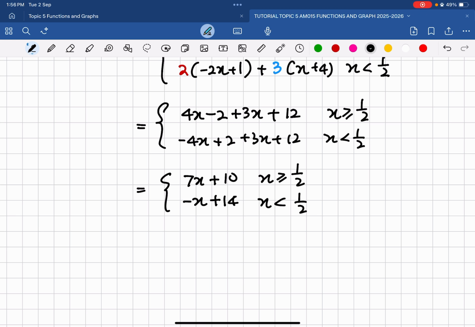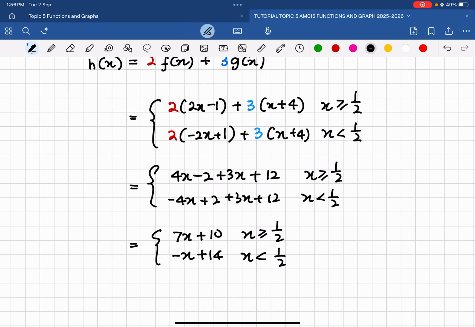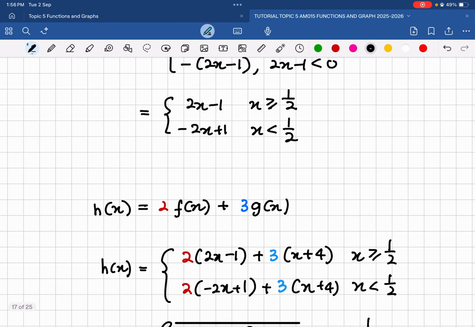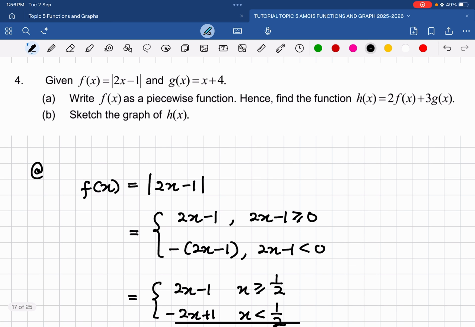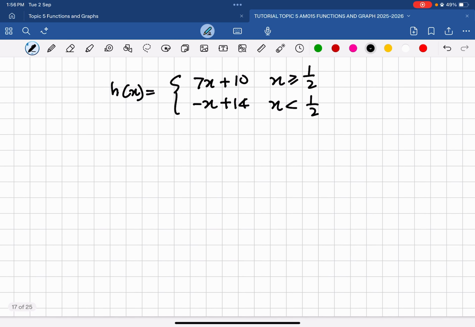Okay, so this is our h(x). I'm going to put h(x) at each of the lines as the function. Next, what we should do is sketch the graph of h.